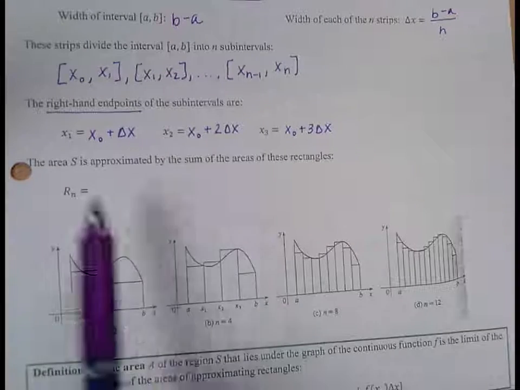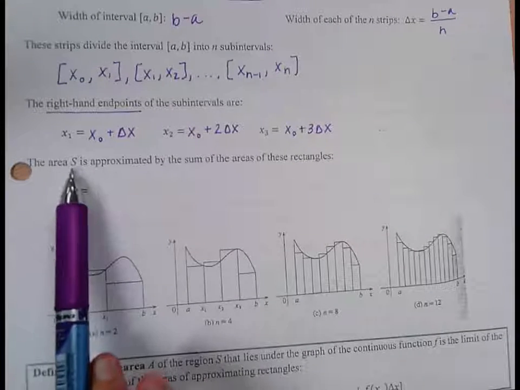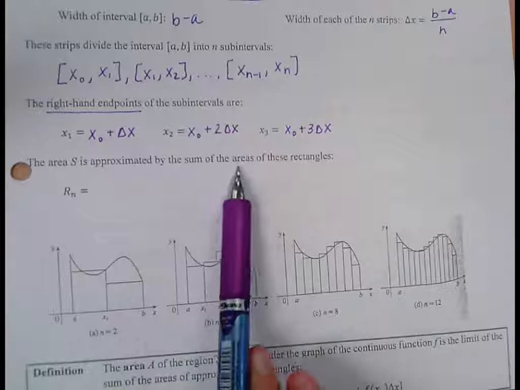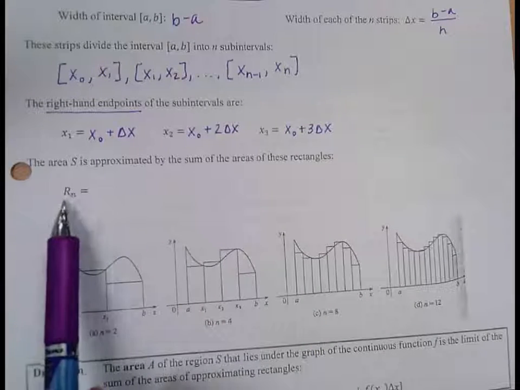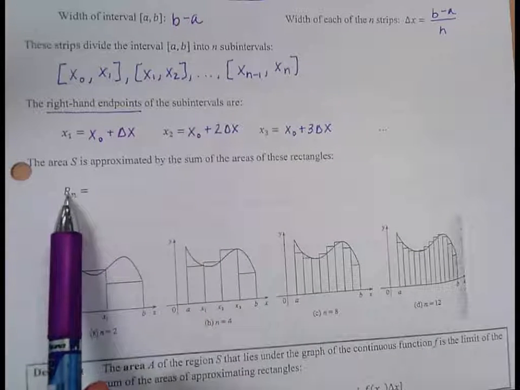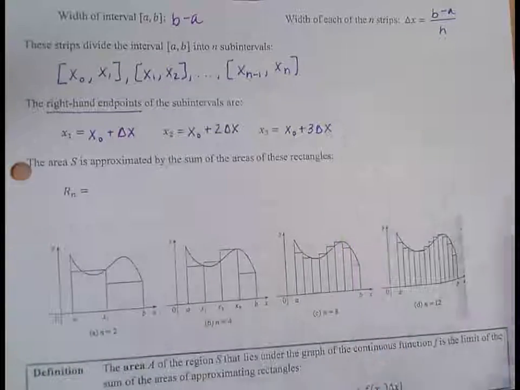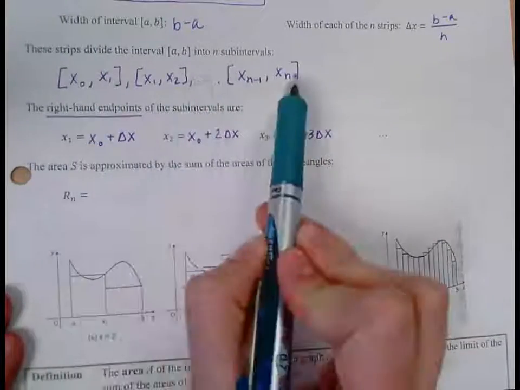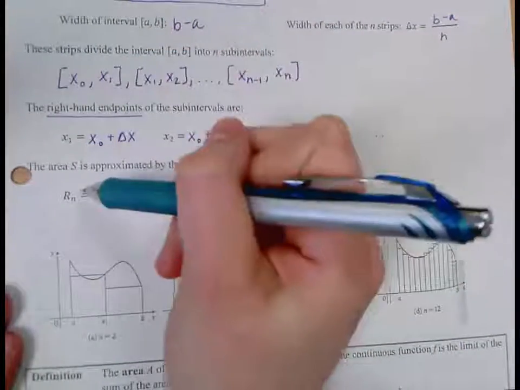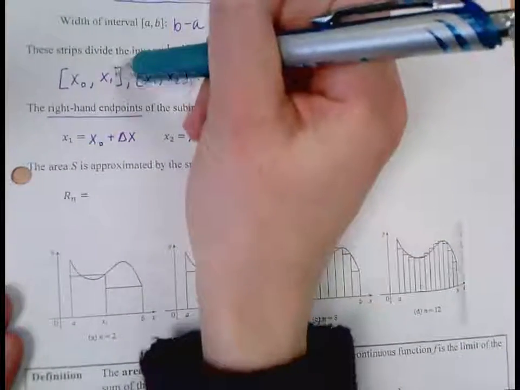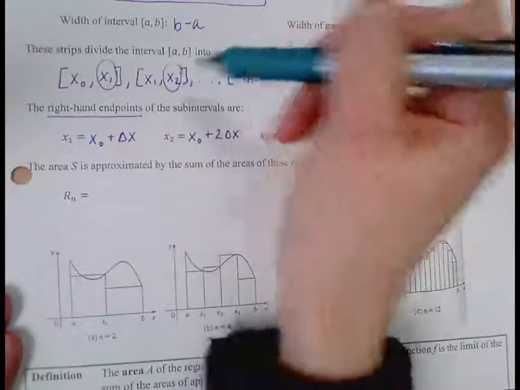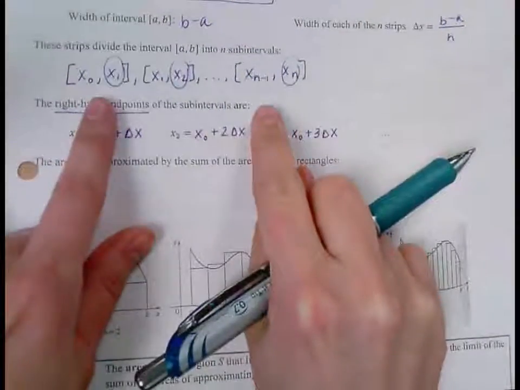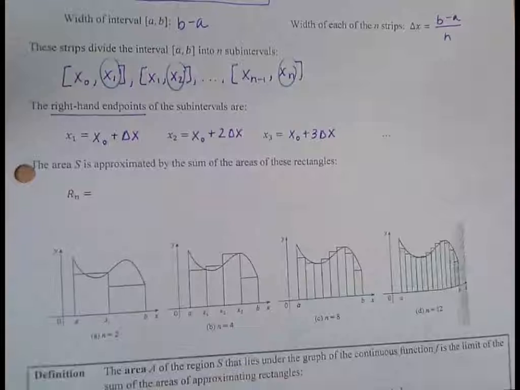But where this is leading, we can therefore approximate the area S by the sum of the areas of the rectangles. So again, R would be the right endpoints. So what I'm going to do here is circle these. If I'm using right endpoints, my function values should be evaluated at the x values that are on the right end of each interval.